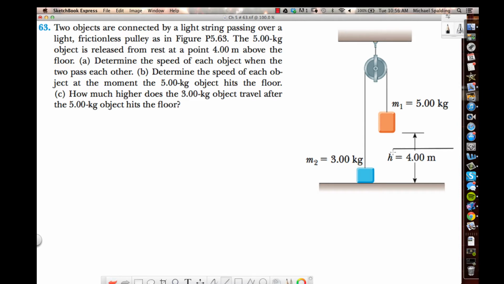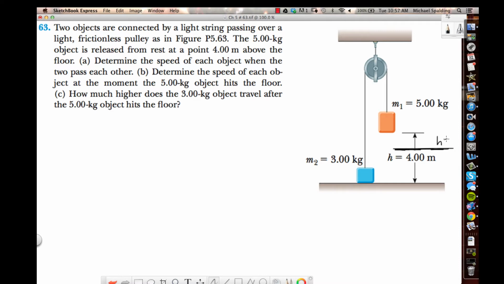Now we got to talk about our 0 points for potential of gravity. You want to set the 0 point to be at the lowest point for the problem. But here we have two objects, right? So what's the lowest point for M1? It's going to be right here, 2 meters down, this line right here.